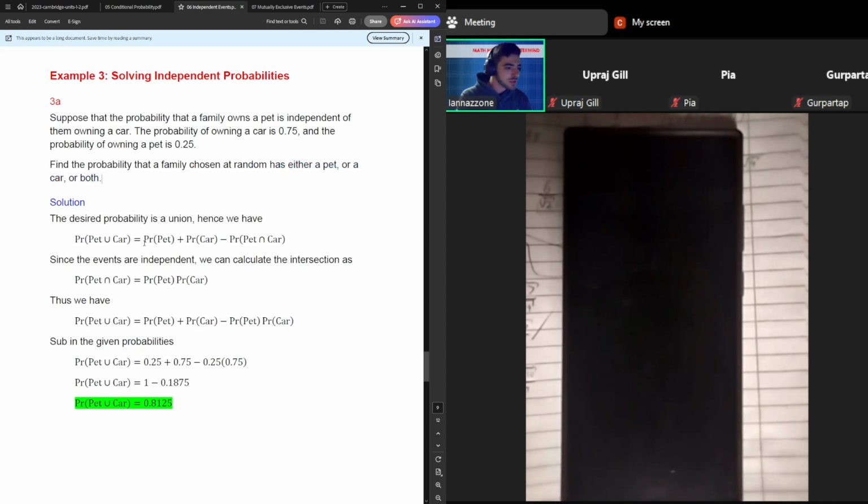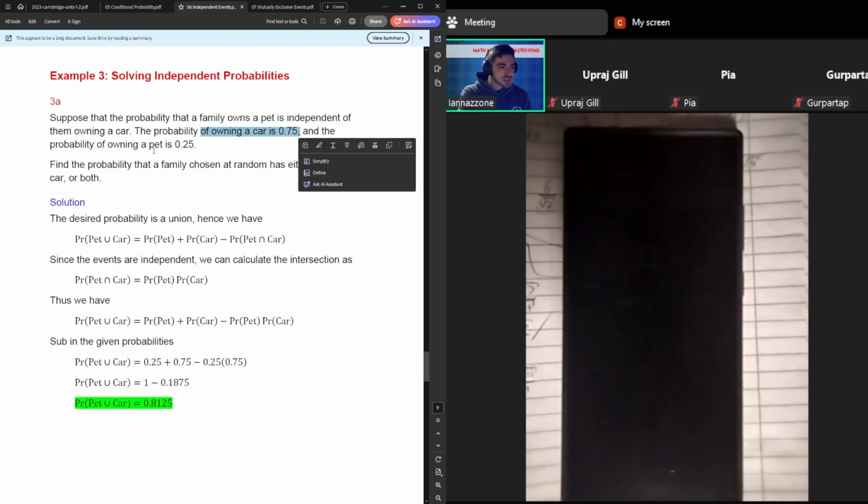We want to have pet or car or both, and the union equation is as follows. You want to find the addition of the two individuals and then subtract one copy of the intersection. The fact that the events are independent means that you can replace this intersection with the product of those two individual probabilities. That's good news for us because we actually have both of those.